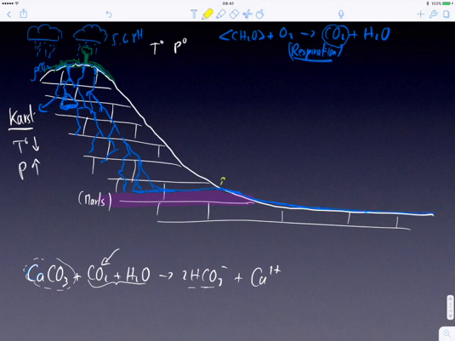And this spring will flow along this relief here and go on. At this point here, the water will equilibrate with the atmosphere, because the pressure will be lower and the temperature will be increasing.